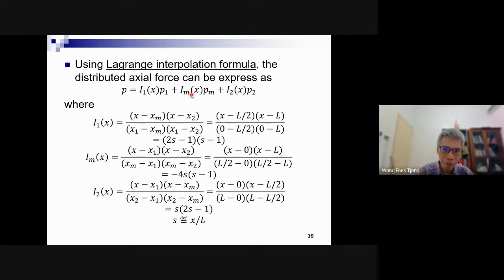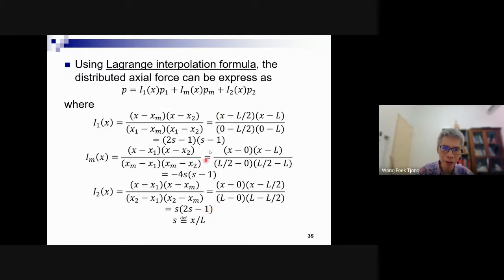So for the middle one, that's X minus X1 times X minus X2, because this is the one without M. So this is XM minus X1, XM minus X2, where the coordinates are 0, L over 2, and L. L over 2 minus L, and we get these results. S again is this one, okay? The third interpolation function is the same, without 2 here, with 1 and M. We get these results, right?